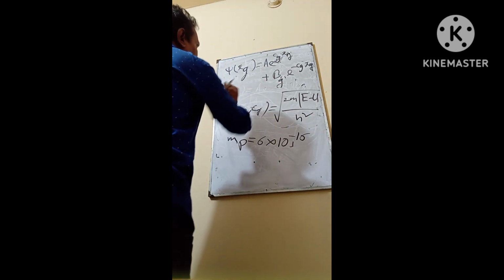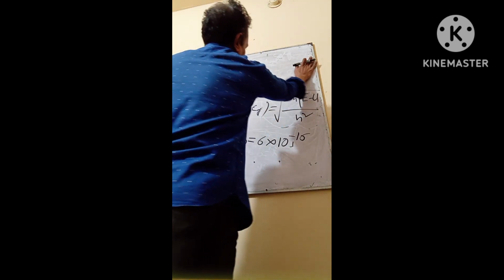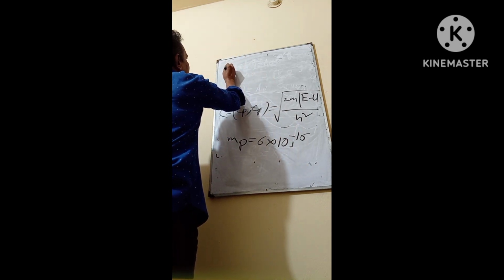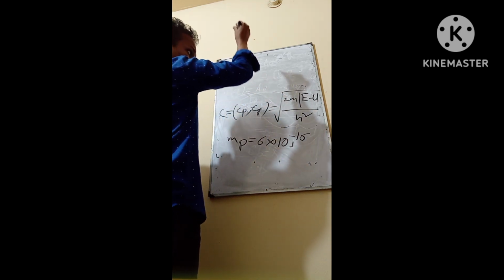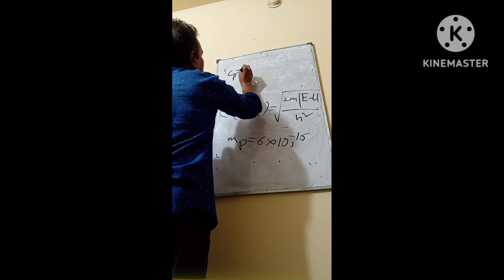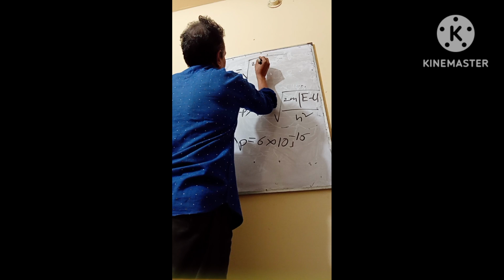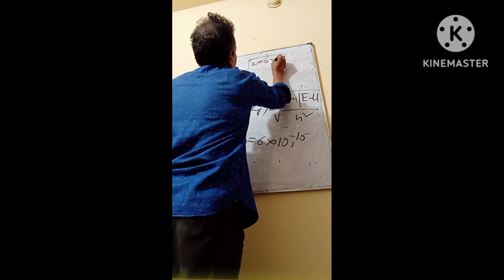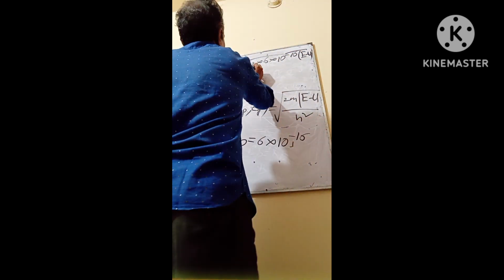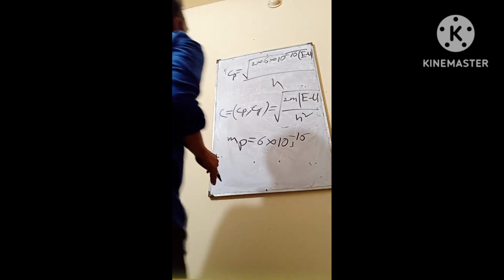So I have to draw the system. CP is 6 into 10 to the minus 16. But what is (E minus U) by H?